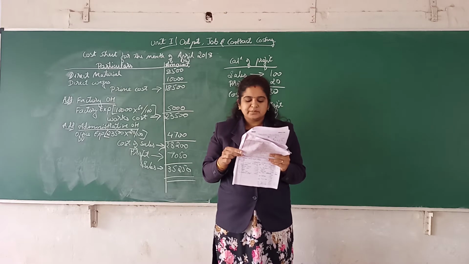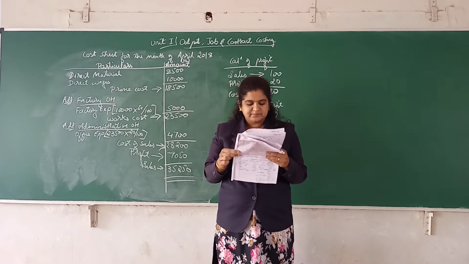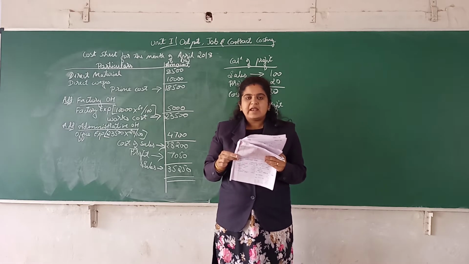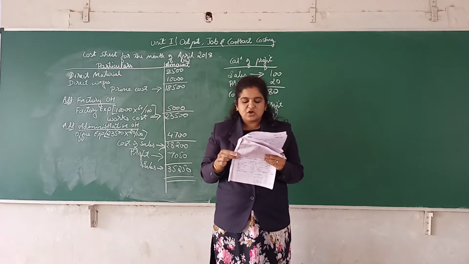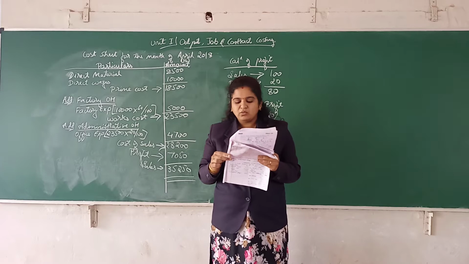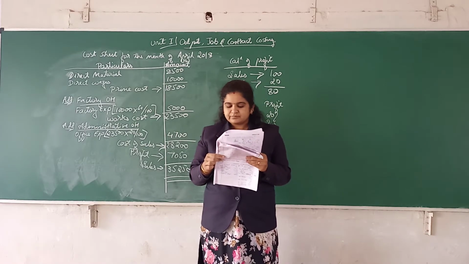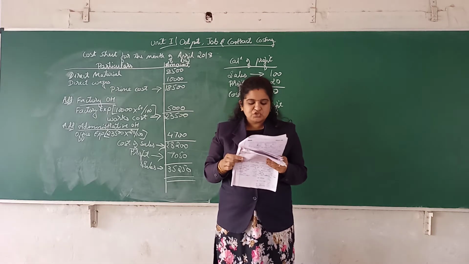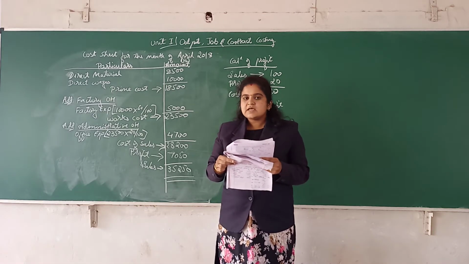as against rupees 6 lakhs factory overheads. Next, fifth point, last year factory cost of all jobs amounted to rupees 50 lakhs as against rupees 4 lakhs office expenses.